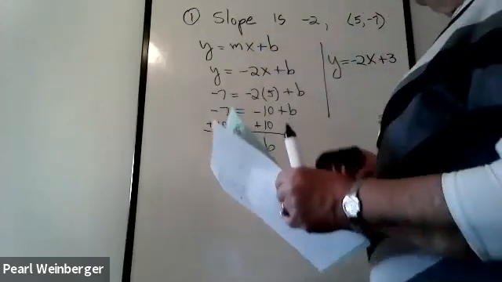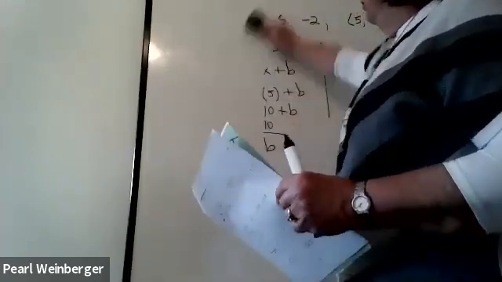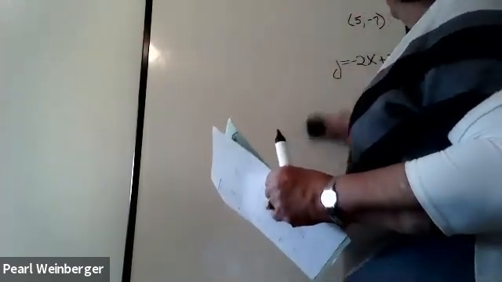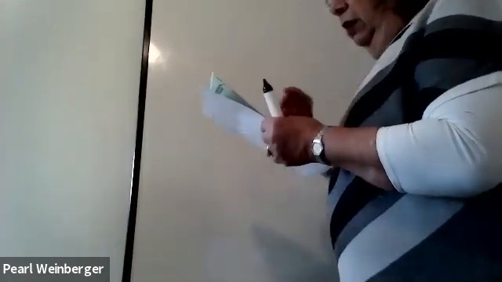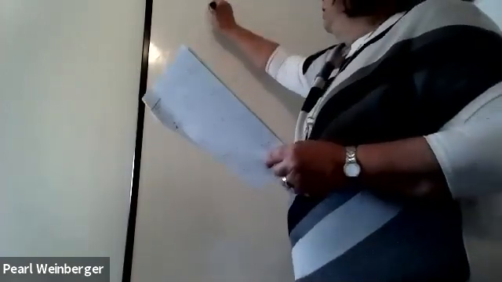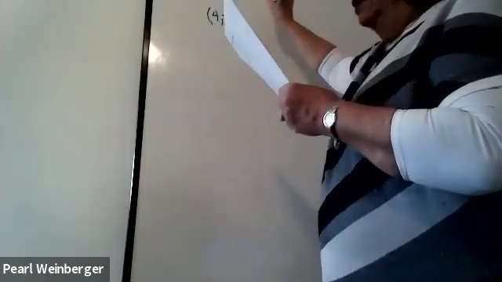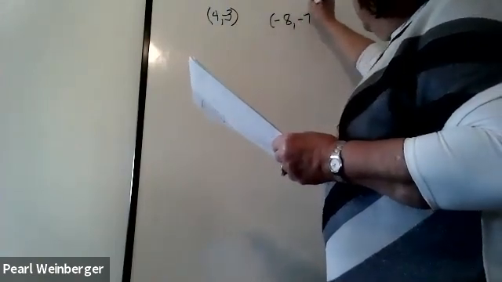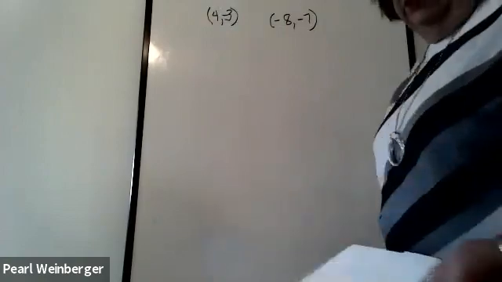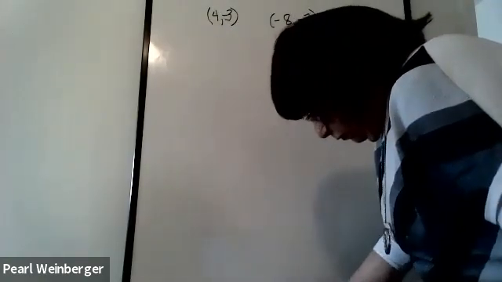Suppose I gave you this question. I want the equation of a line that contains the points (4, -3) and (-8, -7), and I want it written in slope-intercept form, the y equals mx plus b form.